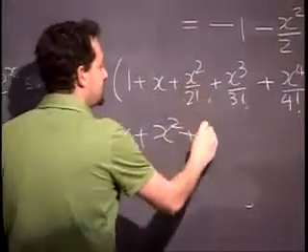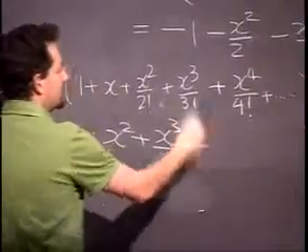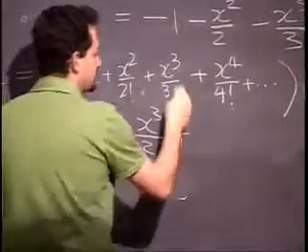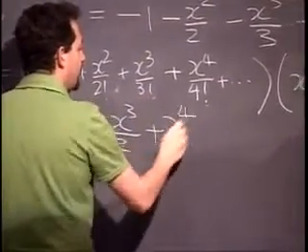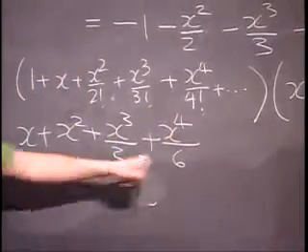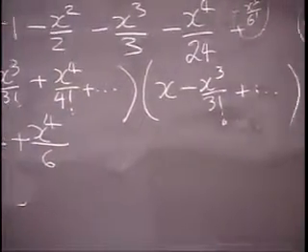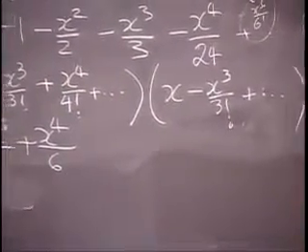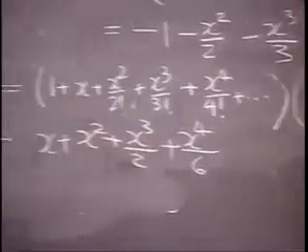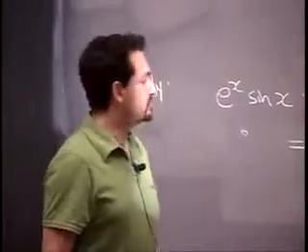X times x squared over 2 factorial is x cubed over 2. X times x cubed over 3 factorial is x to the 4th over 6. I'm expanding out the 3 factorial. But x times x to the 4th over 4 factorial is x to the 5th. And that's already higher than my focus. I've decided to focus on 4. So guess what? I don't write that term.